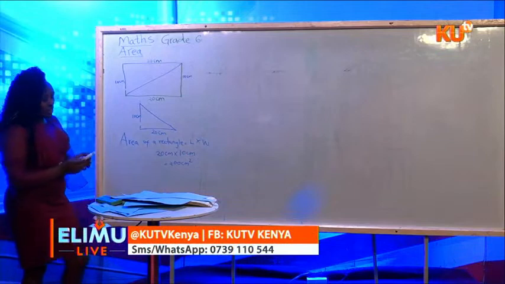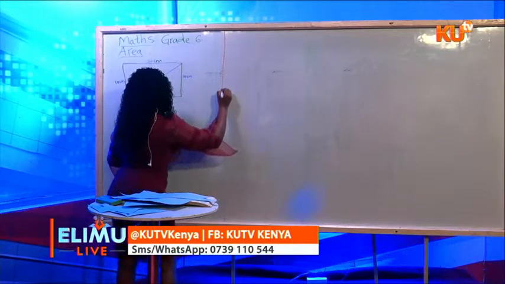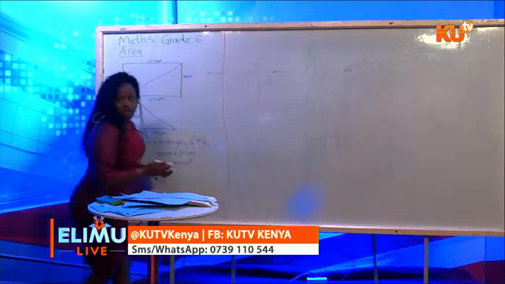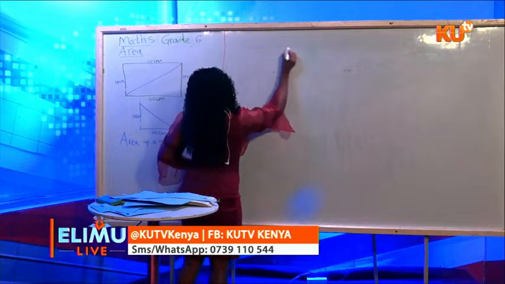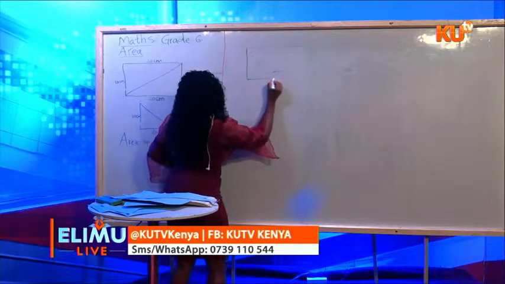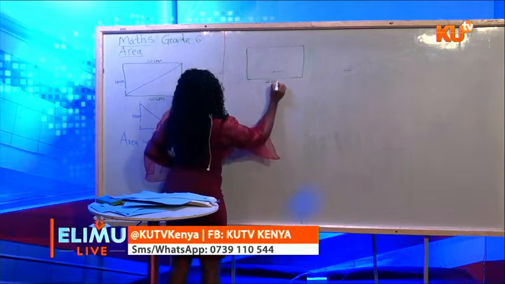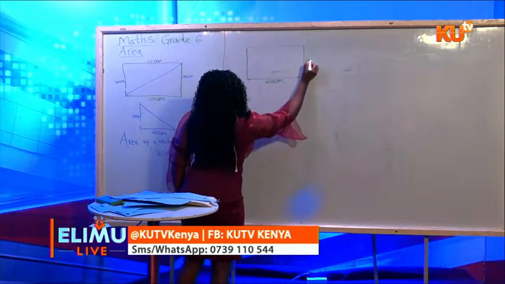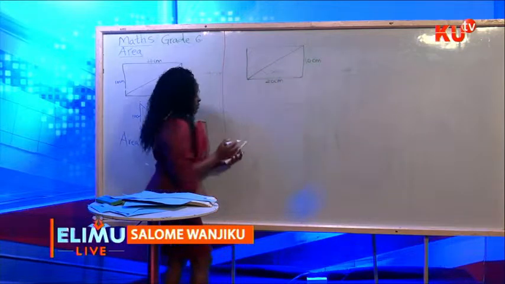Imagine for instance, you had the same rectangle here, in which we have got the length and the width. We have said that the length is 20 centimeter and the width is 10 centimeter. And we have a diagonal.